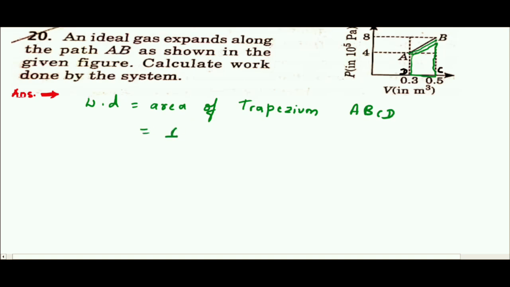The area of a trapezium is equal to half into the sum of the parallel sides into the distance between the parallel sides.